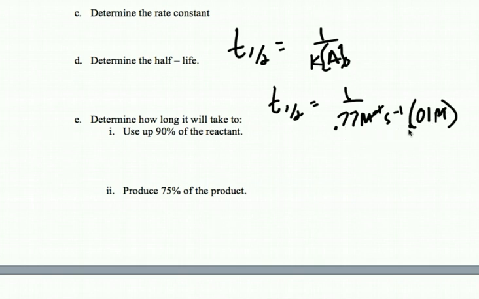And I take 1 over those numbers, that gives me a certain amount of seconds, which in this case, the answer is going to be 130 seconds. So seconds goes back onto the top. That would be the half-life, or in other words, how long it takes for half of my original amount, which is 0.01, to decompose or break apart.